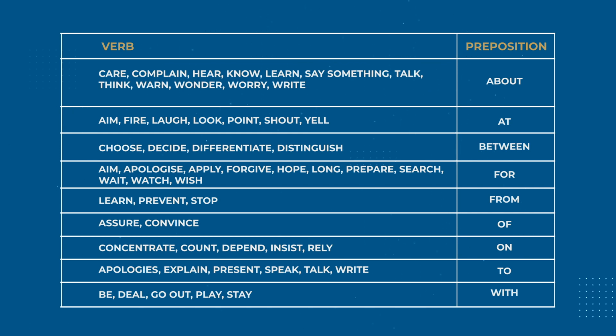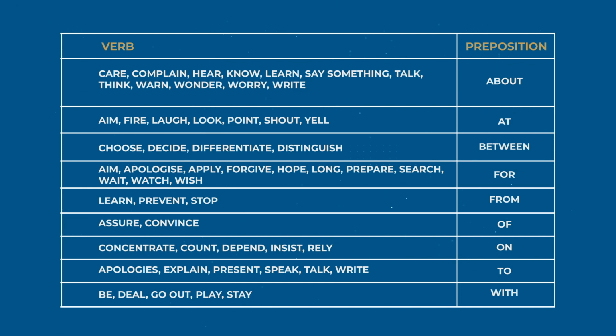We have a variety of verbs like this: hear, know, learn, say, talk, think, warn, wonder, worry, write. They all form a group, they all collocate with the preposition about.